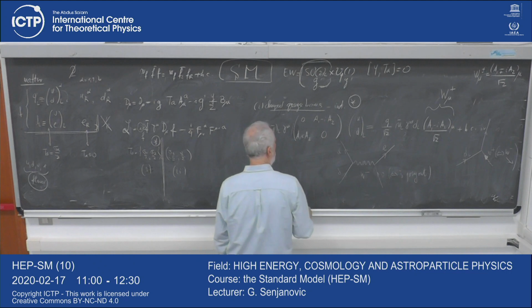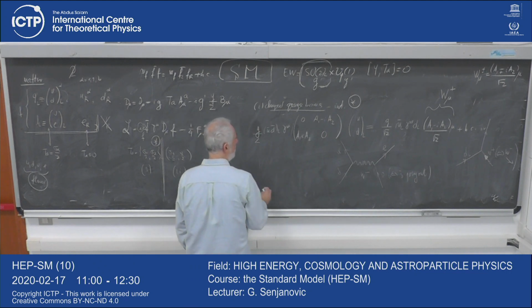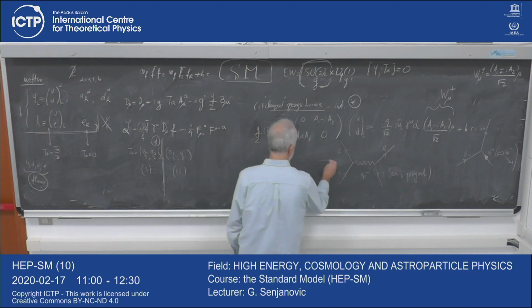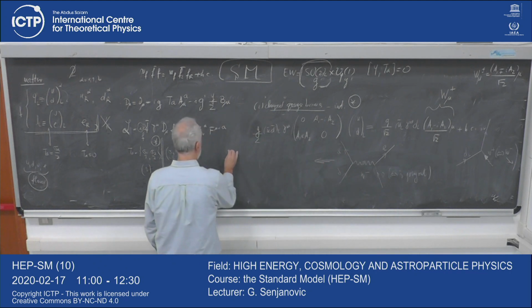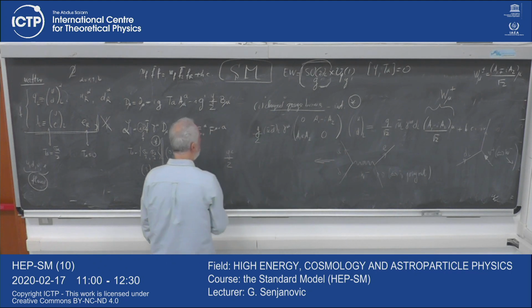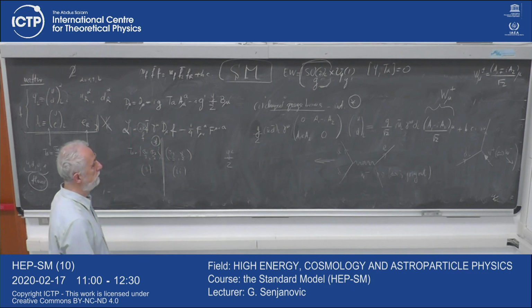So how would this look? At every vertex I have g over square root of 2, so I will have g squared over 2 for this interaction.